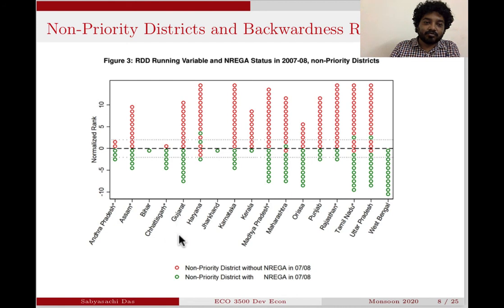So basically, Gujarat, Karnataka, Maharashtra, etc., Odisha, Punjab. These are going to be the non-star states. Okay. They are going to look at estimates for the star states and the non-star states separately.